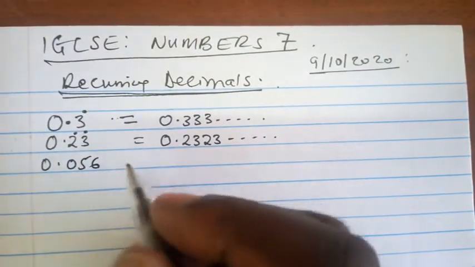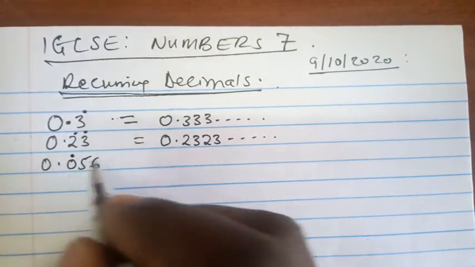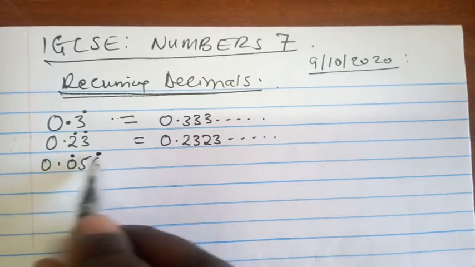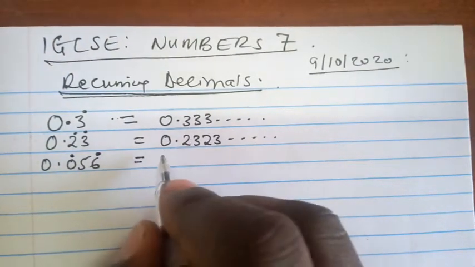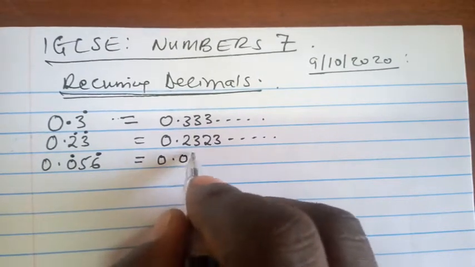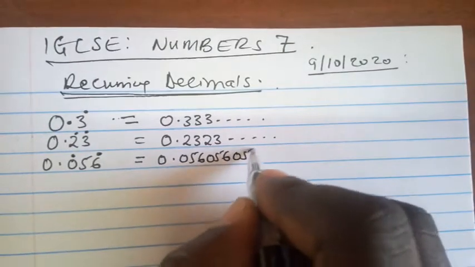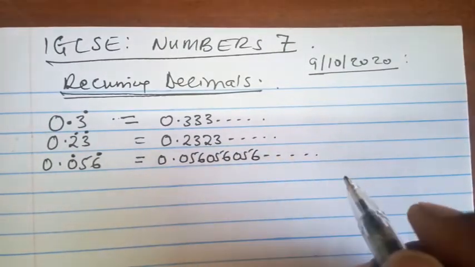If you have 0.056 and then the dot is upon the first after the decimal and the last, it means the whole range of these numbers recur. That means 0.056, 056, 056 and moving forward.